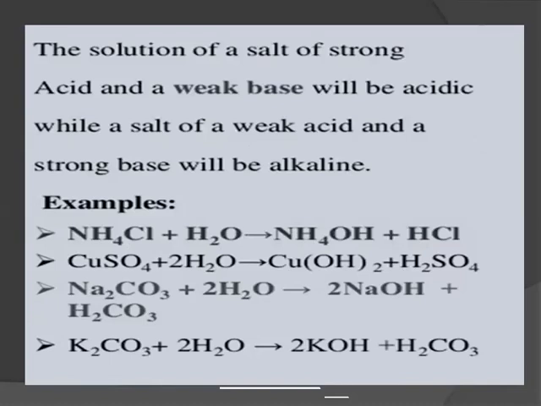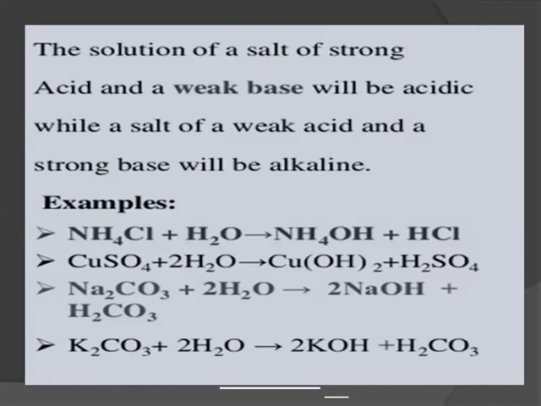The solution of a salt of a strong acid and a weak base will be acidic, while a salt of a weak acid and a strong base definitely will be alkaline.